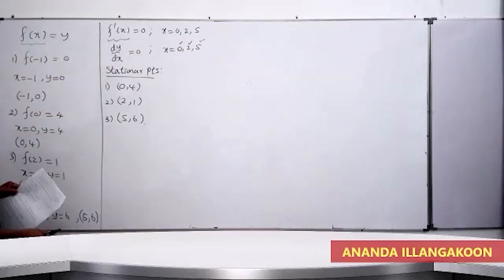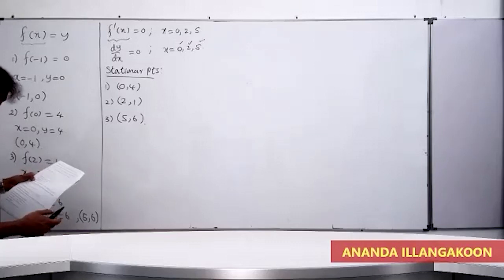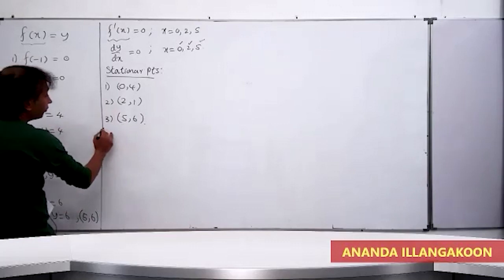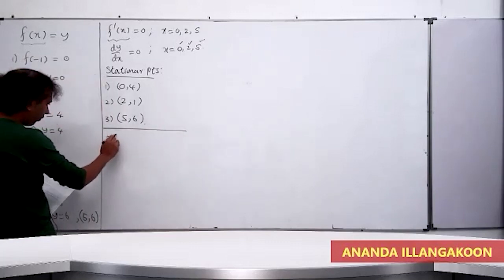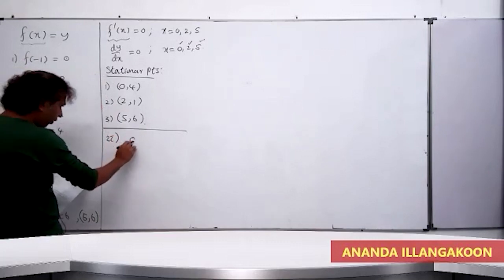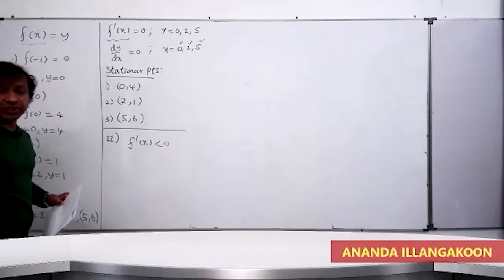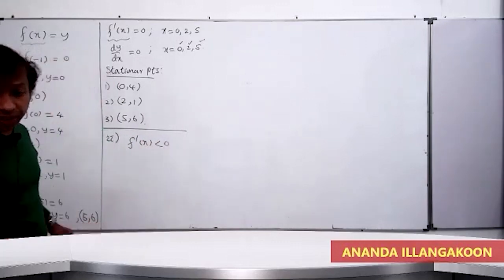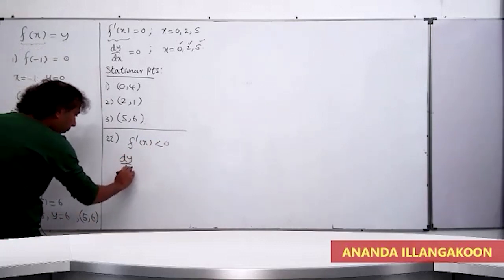The next set of data, given that f dash x is less than 0. People, f dash x means what? dy by dx negative, less than 0.